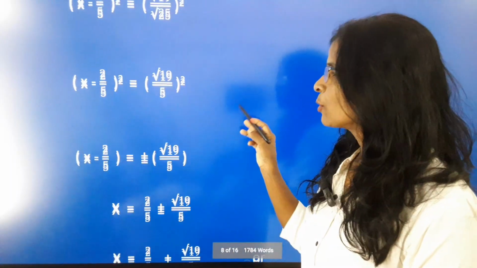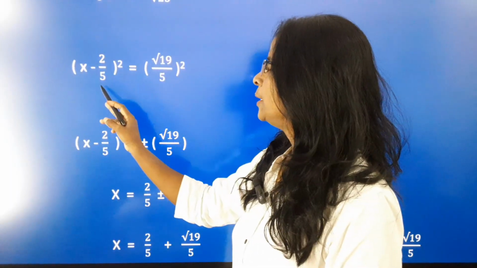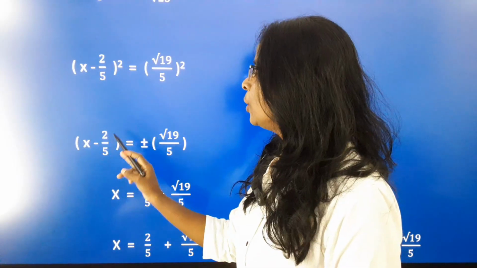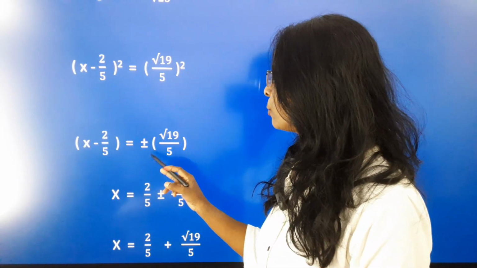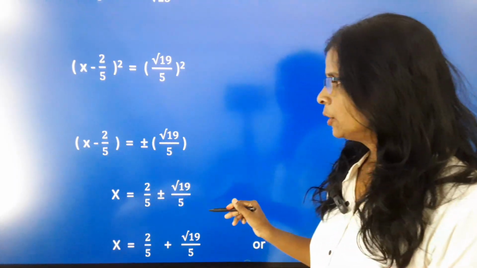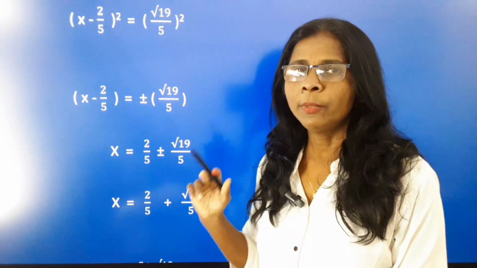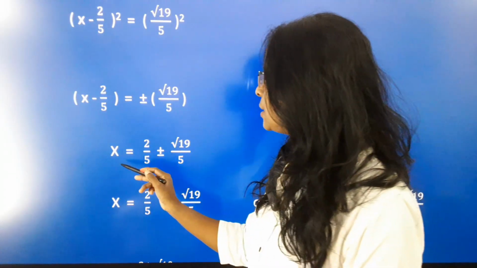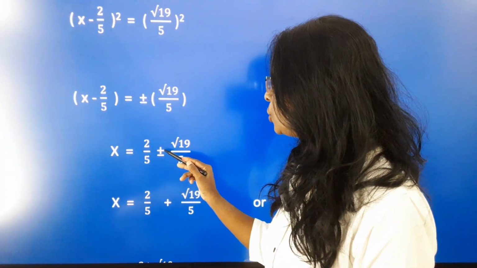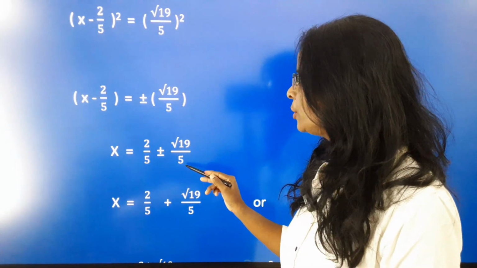Now we take the square root on both sides. After the square root, we get x minus 2 upon 5 is equal to plus or minus root 19 upon 5. We have two values, positive or negative. So x is equal to 2 upon 5, positive or negative root 19 upon 5.